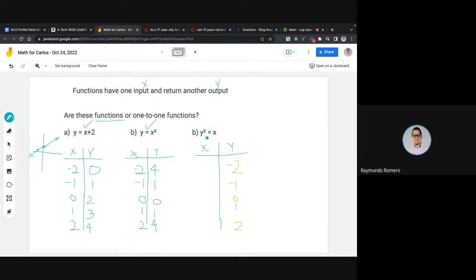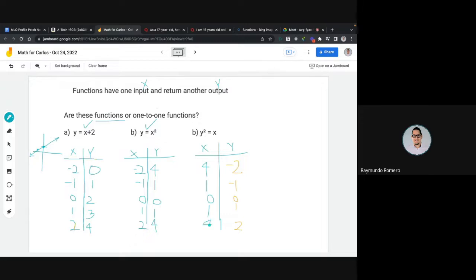Now this one, the arithmetic, the mathematics is on the y. So what I do is put the -2, -1, 0 on the y, because I'm going to do the math here. -2 times -2 is +4, so x equals 4. -1 times -1, x equals 1. 0 times 0 is 0. 1 times 1 equals 1. 2 times 2 equals 4.